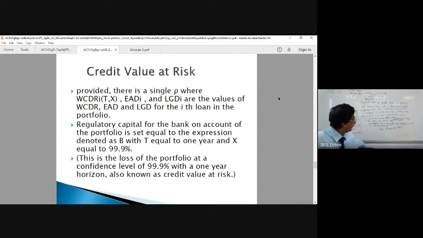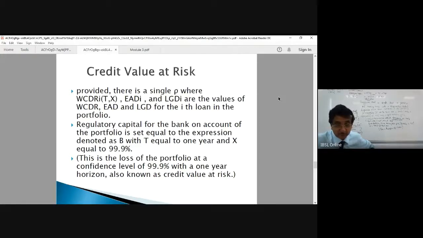Now, I can give you some additional ideas here. Though we take the credit value at risk as the total figure, say, for example, if you look at the portfolio, in a normal scenario, the expected default frequency is only 1.5%.